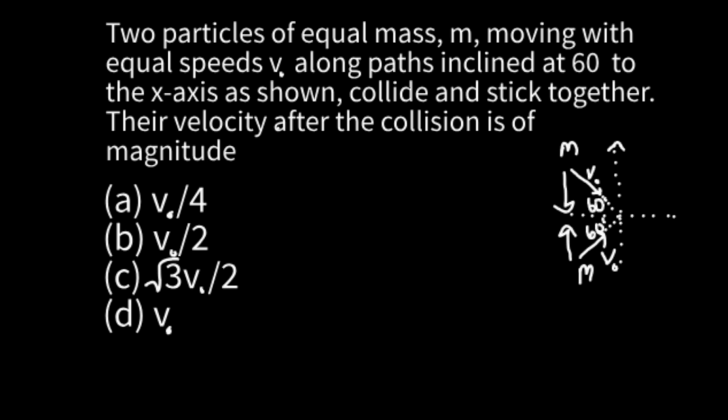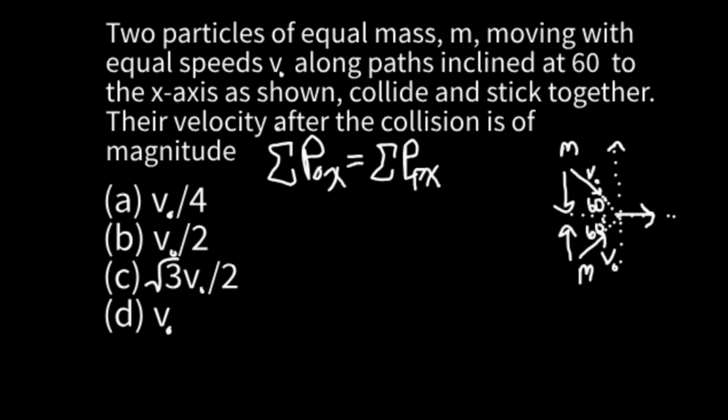And because of that, you could say that their motion after the collision is going to be just along the x-axis. So we could say the sum of their initial momentum in the x direction is going to equal the sum of their final momentum in the x direction.